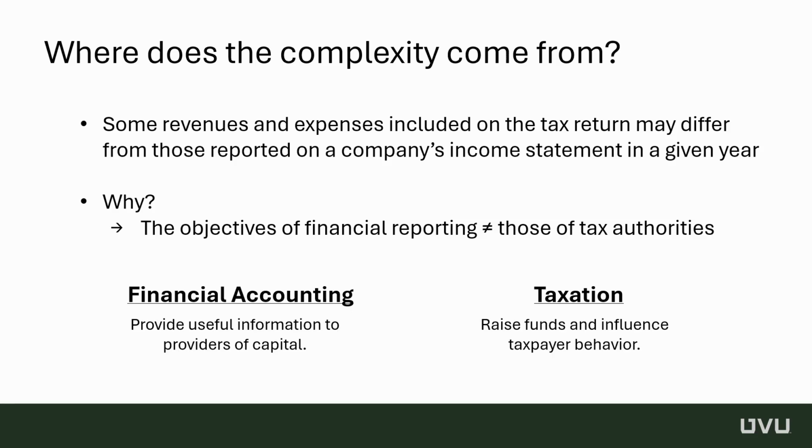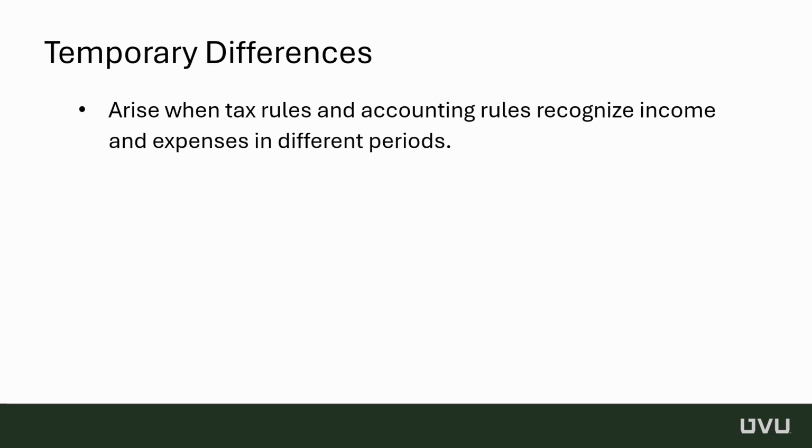Now, the primary source of discrepancies between financial accounting standards and tax law are called temporary differences. Essentially, this is a matter of when accounting standards and tax rules will ultimately recognize the same levels of income and expenses. It simply happens in different periods.